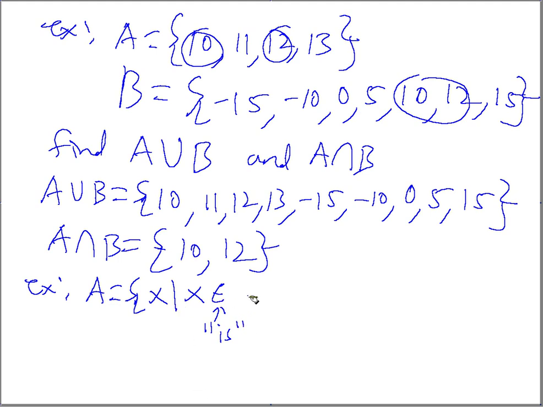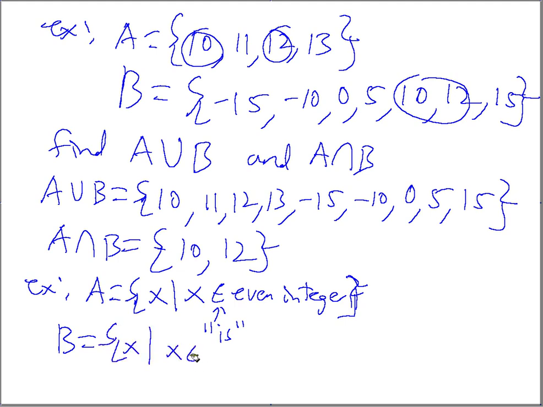Let's say x is an even integer. So set A consists of all the even integers, if you will. Let's look at set B. As you may suspect, I'm going to make set B all the odd integers. So x is odd. So again, this little epsilon symbol means what? "Is" in mathematics. So x is an odd integer.